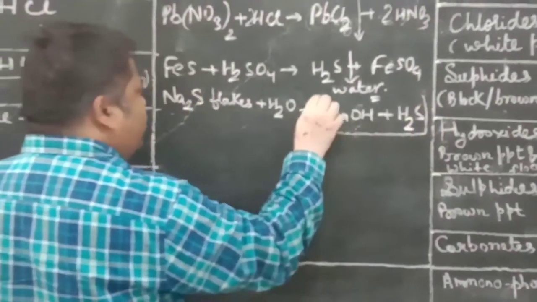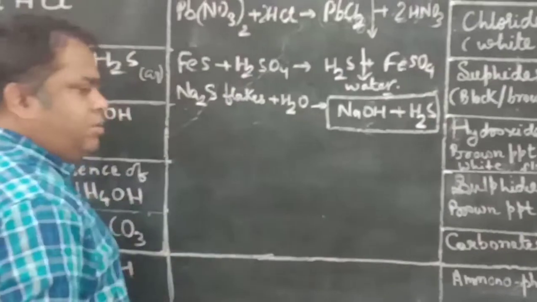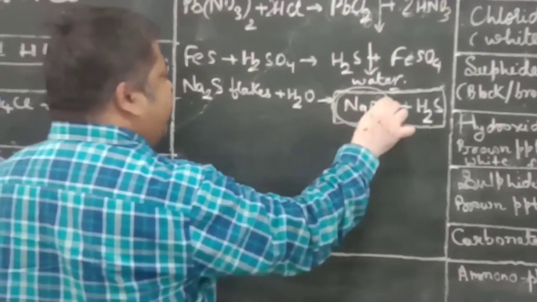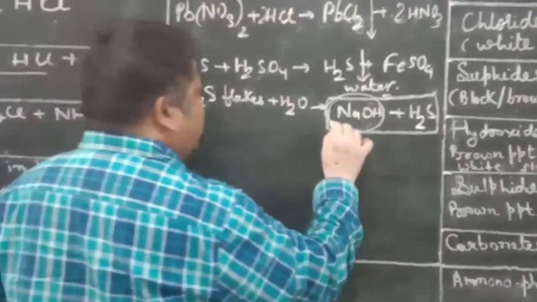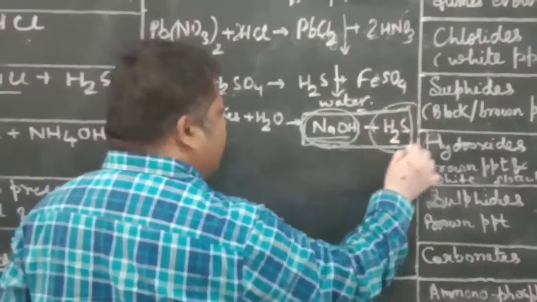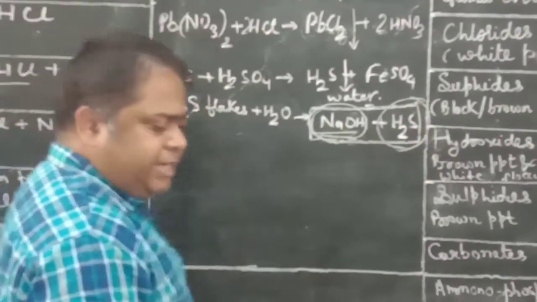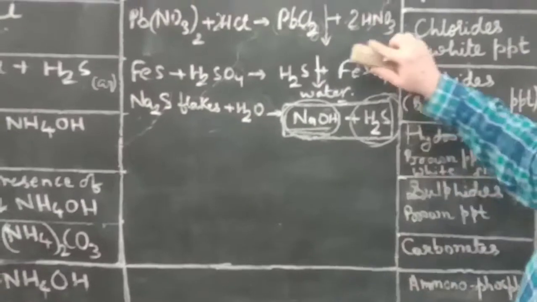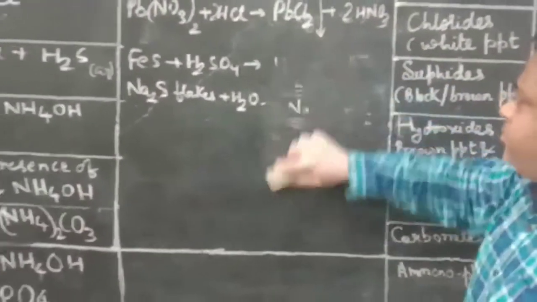Now this will not be a pure H2S solution, but don't worry, sodium ion we don't have to test at all. So even if sodium ion is present, this solution will act as a good group reagent. So this is a small trick which you can apply in absence of Kipp's apparatus.